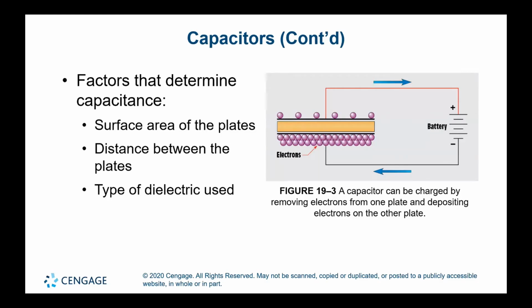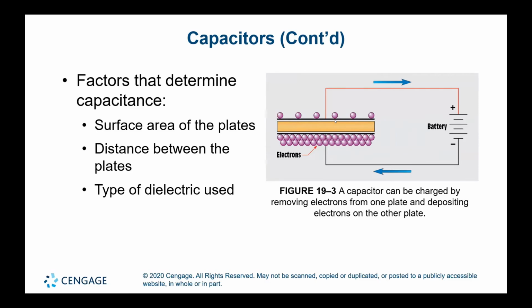So this is what I was explaining to you just recently, and this is just to refresh your memory. Here we have a negative charge. Here we have a positive charge. And that happened because we connected a power source.